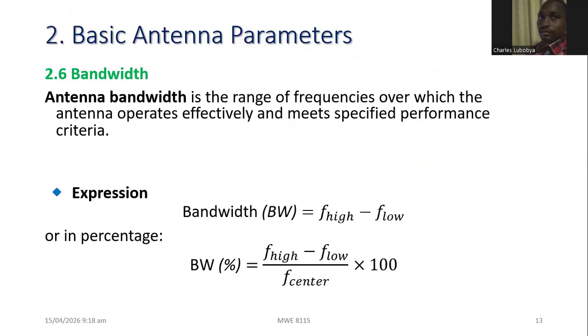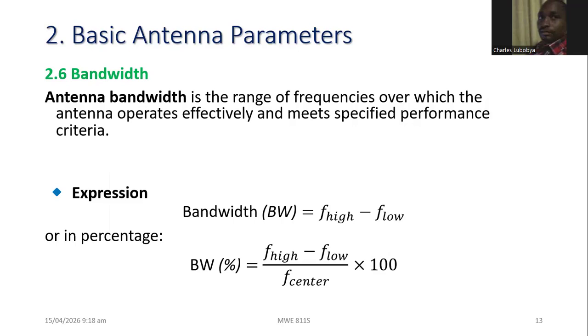Next, I want us to talk about another antenna parameter. These are basic antenna parameters. Parameter number 6 is known as the bandwidth. We all know that antenna bandwidth is the range of frequencies over which an antenna operates effectively. And mathematically, it's the difference between the highest frequency and the lowest frequency. Or you can express it as a percentage where you have the highest frequency minus the lowest frequency divided by the center frequency times 100.